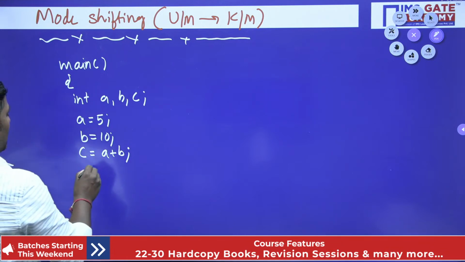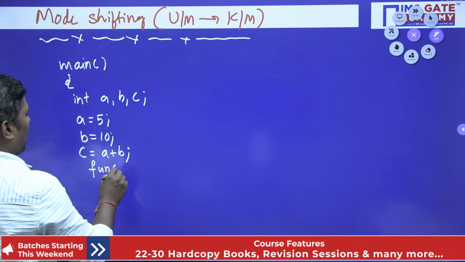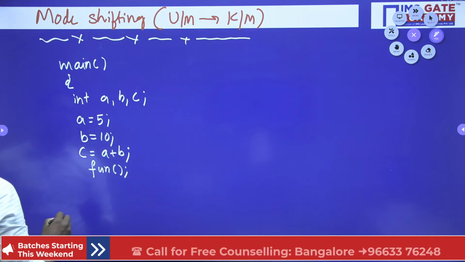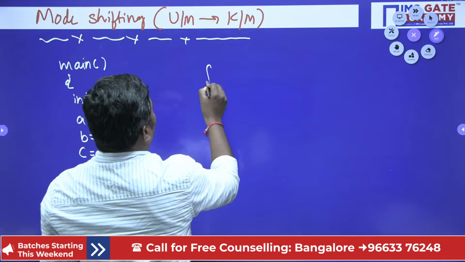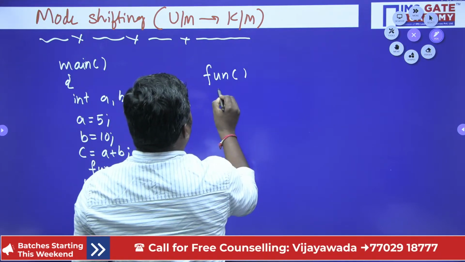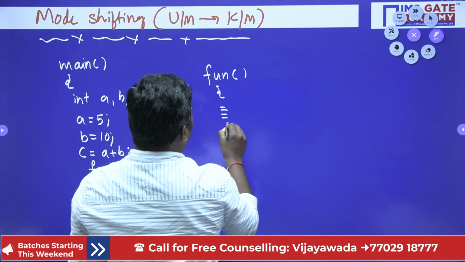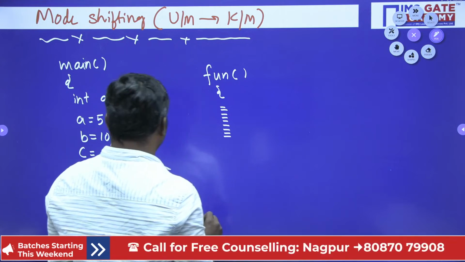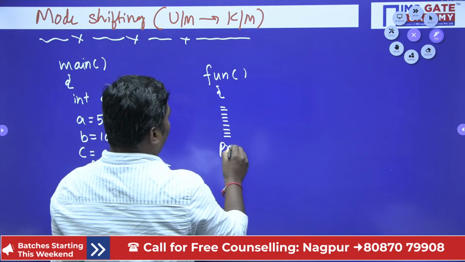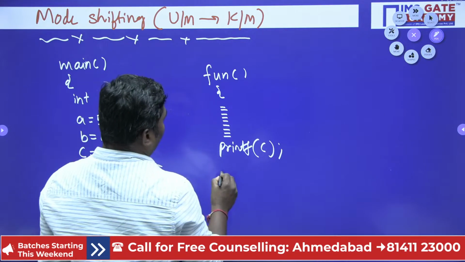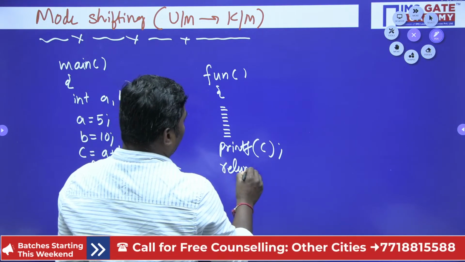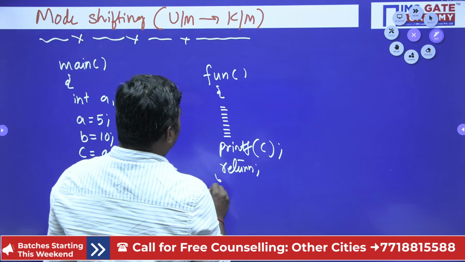There is a function call, so assume a function is there. The function prototype is here, and the function definition I have written here. Let's take the function definition: I am printing the sum, printf of the sum c value, and then return. So the code is like this.